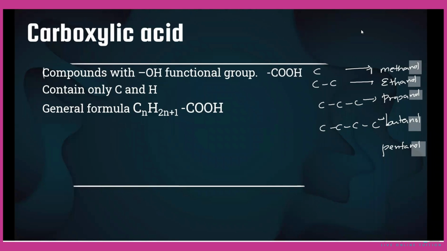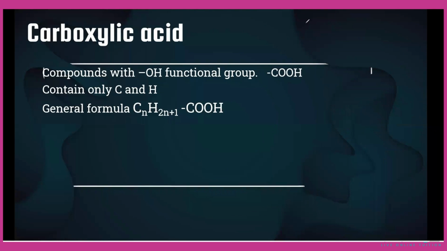Then here we have the last functional group that we are supposed to study in today's session, which is carboxylic acid. So carboxylic acid has the functional group C double bond OOH, nothing other than that.